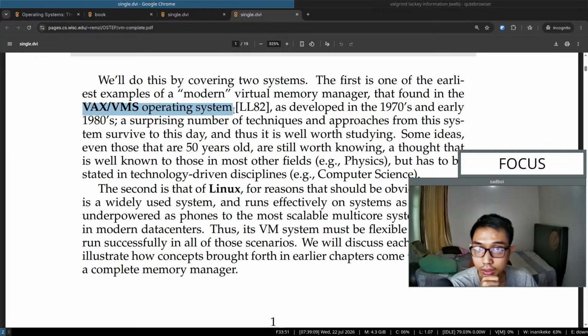As developed in the 1970s and early 1980s, a surprising number of techniques and approaches from this system survive to this day, and thus it is well worth studying.